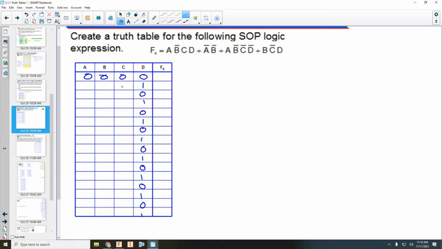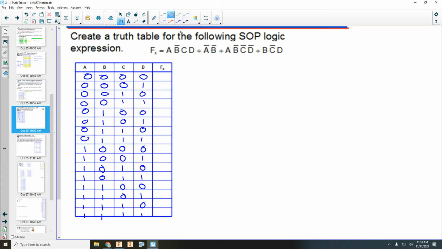And my next bit goes 0, 0, 1, 1, 0, 0, 1, 1, 0, 0, 1, 1, 0, 0, 1, 1. And then we got 0, 0, 0, 0, 1, 1, 1, 1, 0, 0, 0, 0, 1, 1, 1, 1, and then we've got 0, 0, 0, 0, 0, 0, 0, 0, 1, 1, 1, 1, 1, 1, 1, 1.